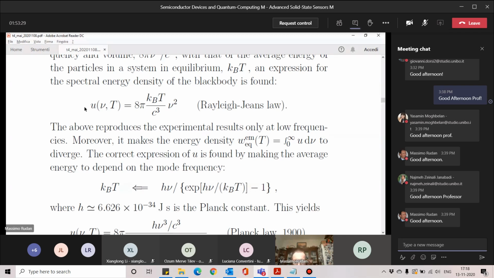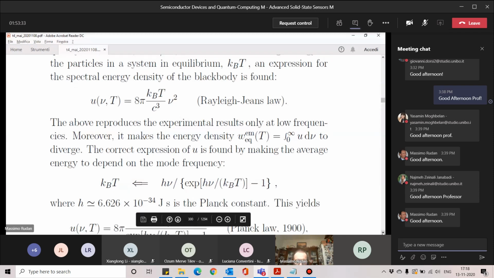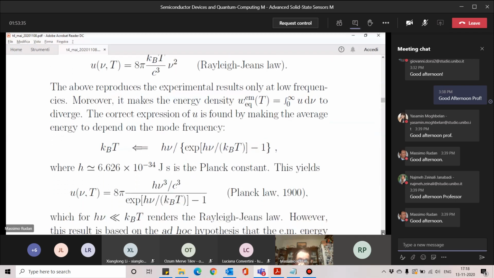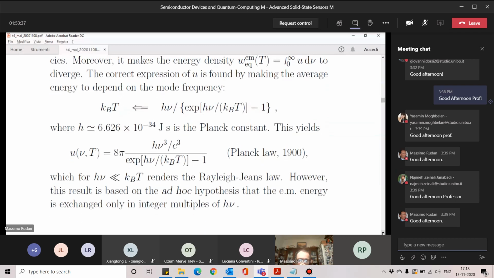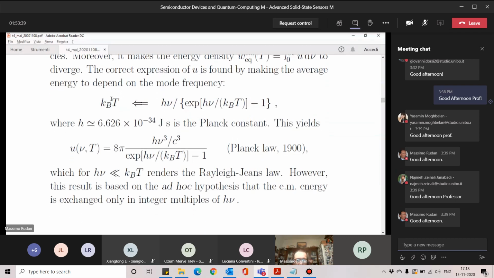And the correct result is here. Instead of kT, let's use this more complicated expression.